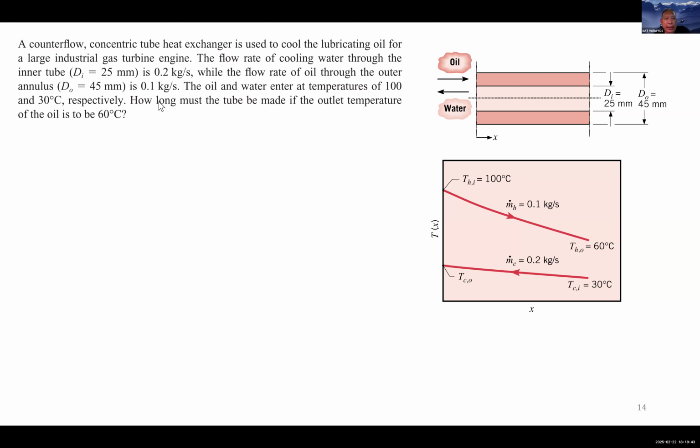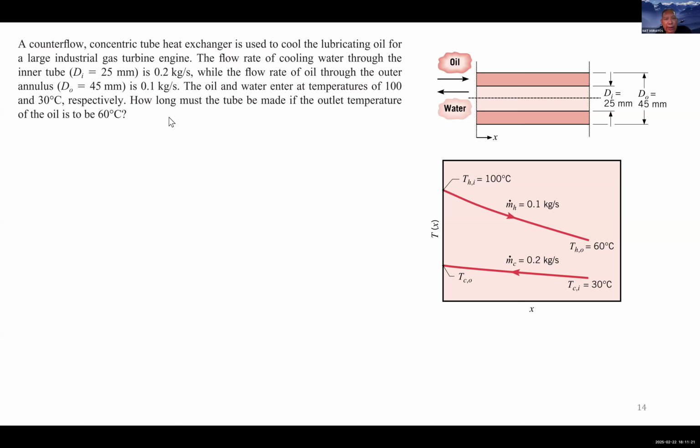You have the diameter of the inside and the diameter of the outside. You know the mass flow rate of the water, 0.2 kilogram per second. You know the flow rate of the oil, 0.1 kilogram per second. The oil and water enter the heat exchanger with the temperature of 100 degrees Celsius and 30 degrees Celsius for the oil and water respectively.